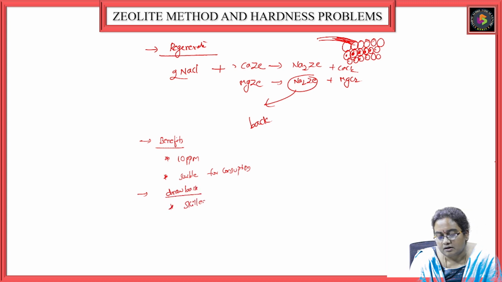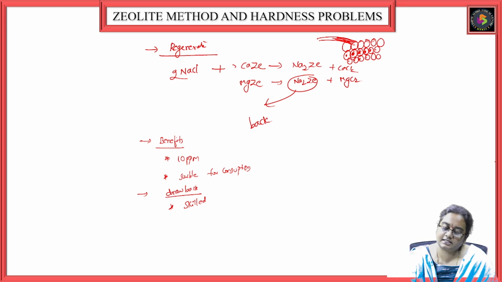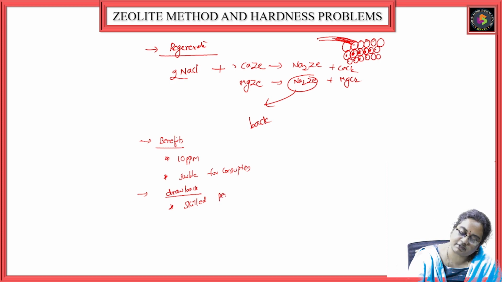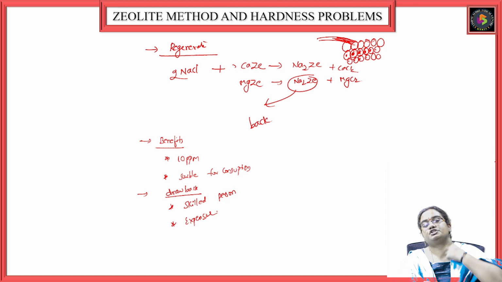That means a well-known person only can handle this zeolite chamber. A layman can't handle it. If they don't know when the bed is getting exhausted and how to regenerate, it is very tough to handle. Because of that reason, only a skilled person can use this one, and it is expensive. So this is about your zeolite method.